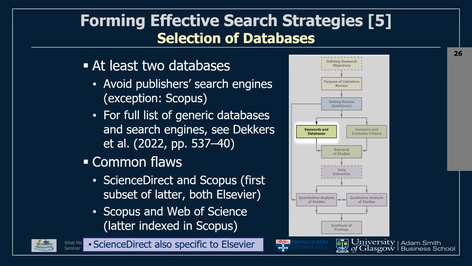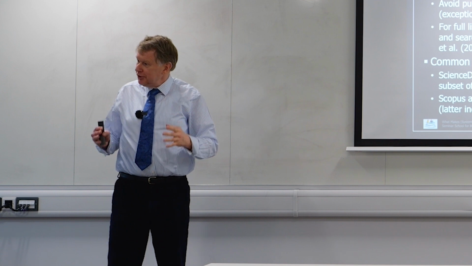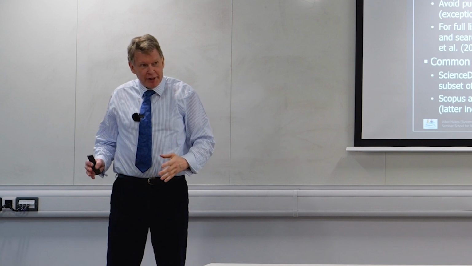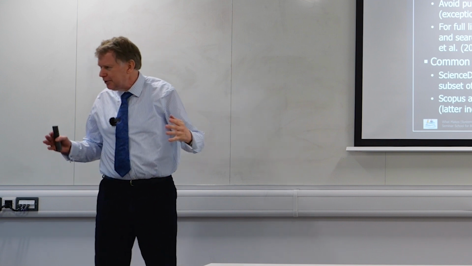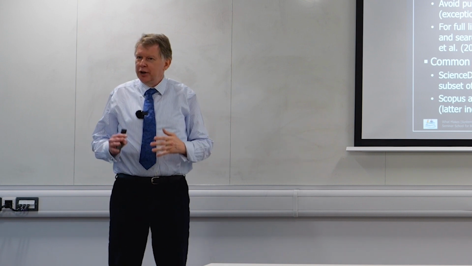Databases. Biggest mistake in almost all published literature reviews. Okay? You need at least 2. And you have to avoid publisher search engines. So the ones that are using Emerald Insight, Science Direct, Wiley, etc. They don't do justice.